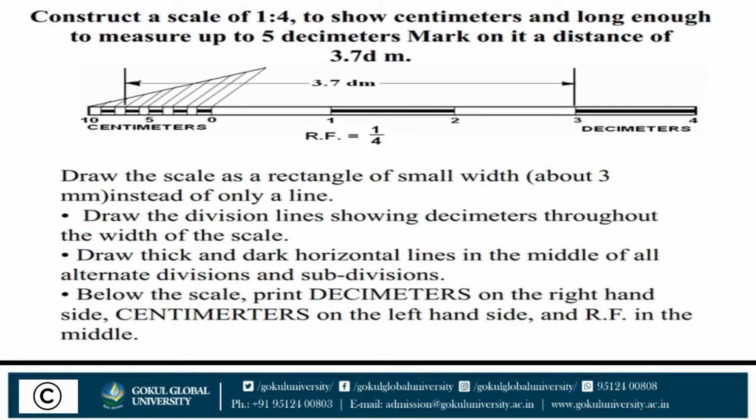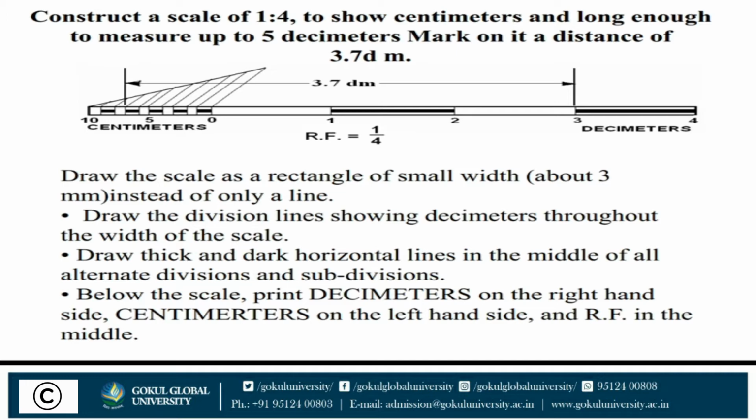So, draw the scale as a rectangle of small width, about 3 mm, instead of only a line. Draw the dividing lines showing decimeters throughout the width of the scale. Draw thick and dark horizontal lines in the middle of all alternate divisions and subdivisions.